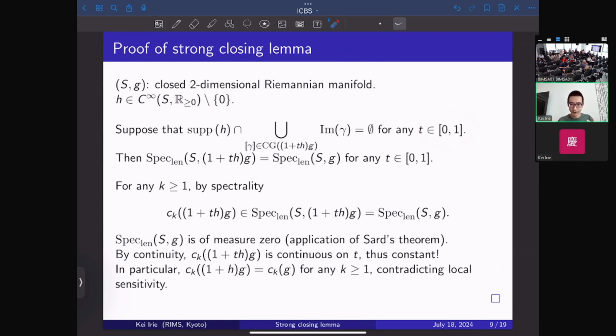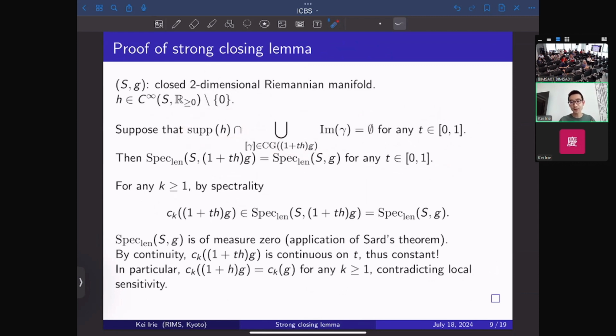Our goal is to show that there exists t in the interval (0, 1) such that the union of closed geodesics of the perturbed metric (1 + th)g intersects the support of h. So suppose that this is not the case. This means that for any t in the interval (0, 1), the union of closed geodesics of the metric (1 + th)g does not intersect the support of h.